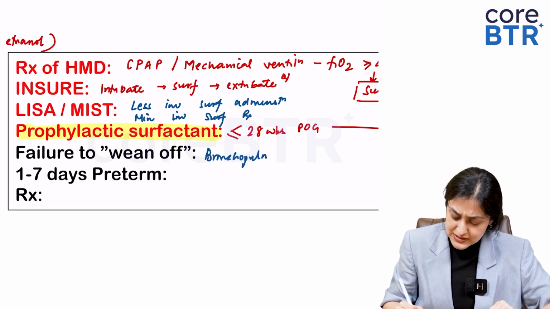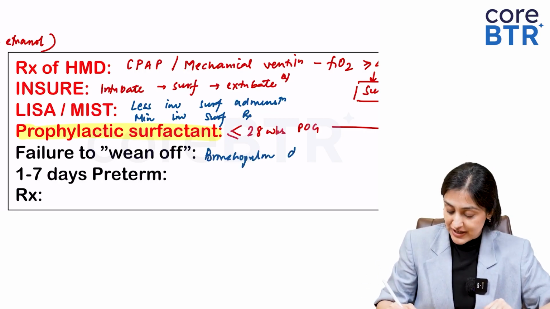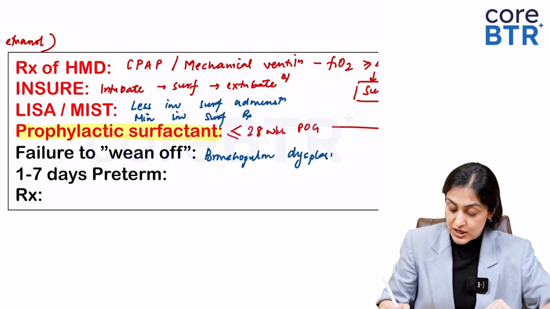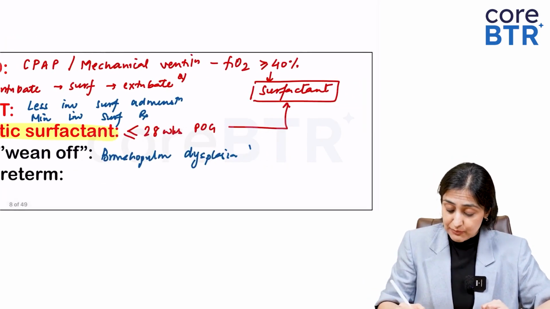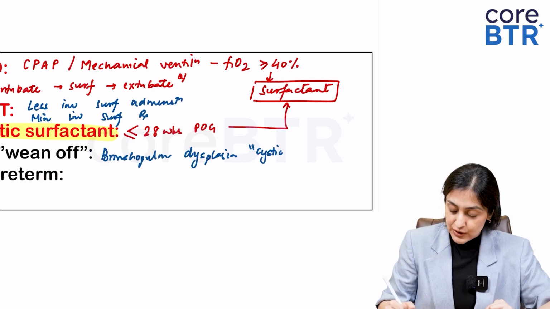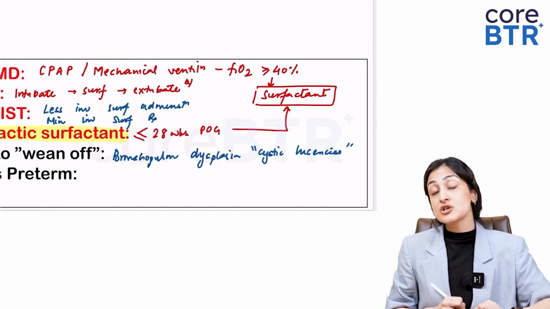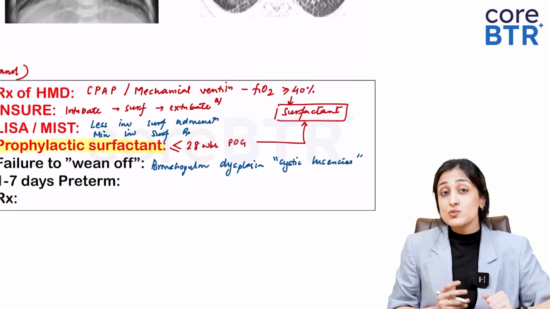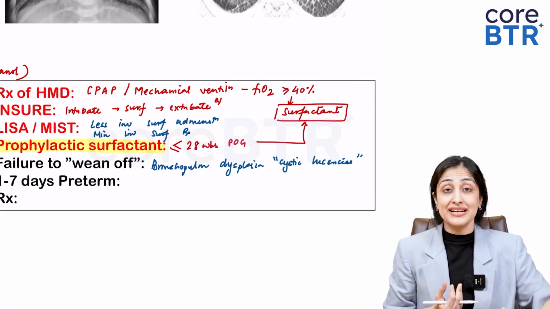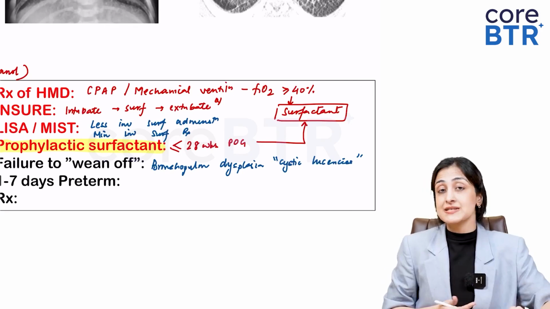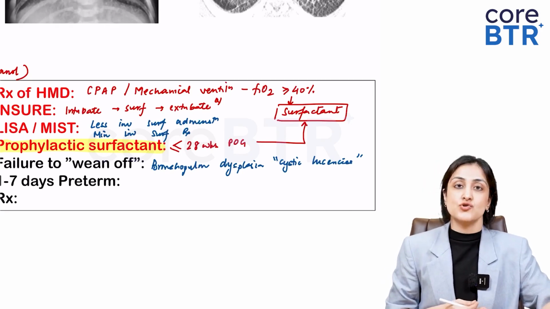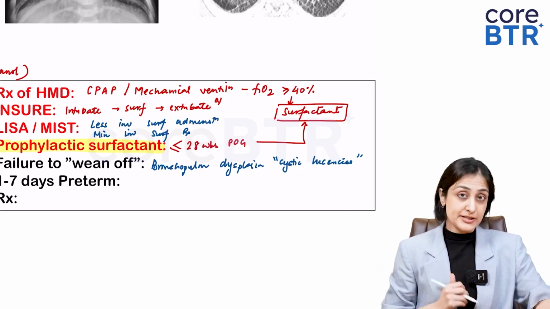This is one of the signs of oxygen toxicity, right? Because of persistent oxygen, the lungs have become cystic. So you will have cystic lucencies in the lung because of persistent oxygen. So this is your buzzword, that you can't wean off, right? And when you do an X-ray, multiple cysts in bilateral lungs. So that diagnosis is bronchopulmonary dysplasia.